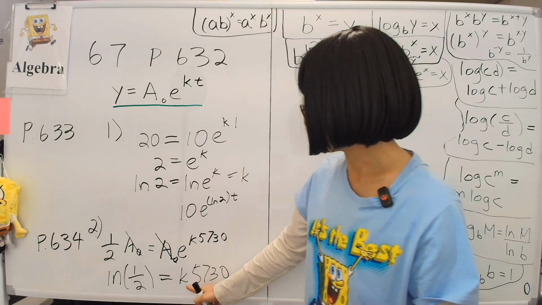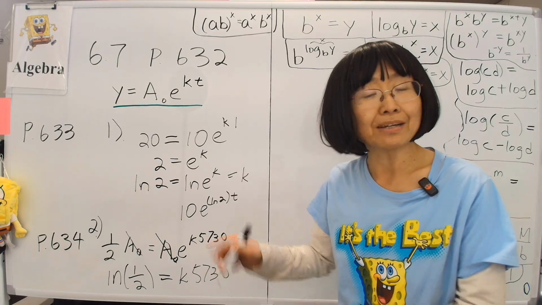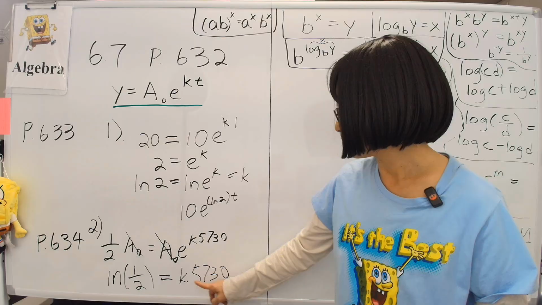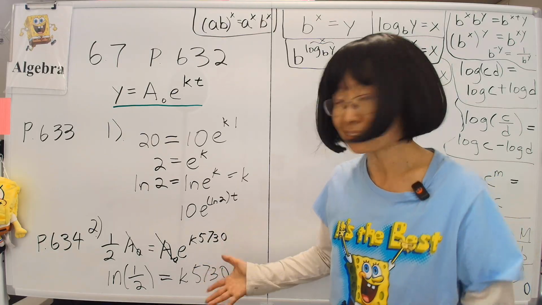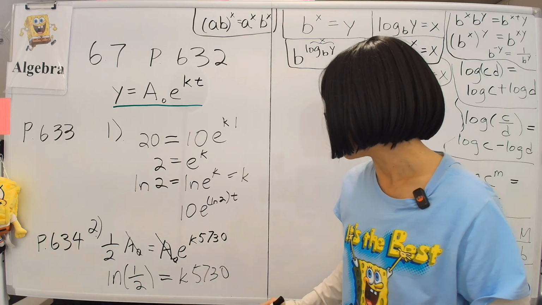Now we are in much better shape, because natural log of 1/2, whatever it is, is a number that we can punch out on the calculator. And this is another number. It's pretty big, but it's still just a number. We can punch that out in the calculator as well. And as a result, we can write down the answer for k.